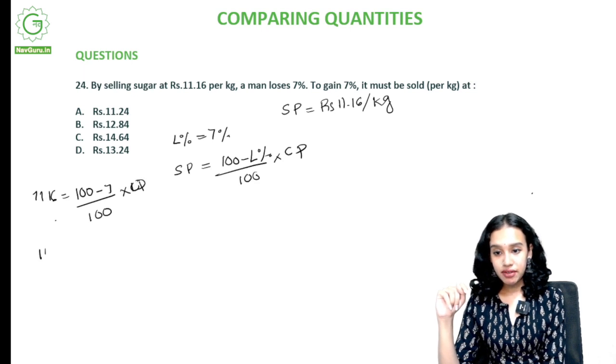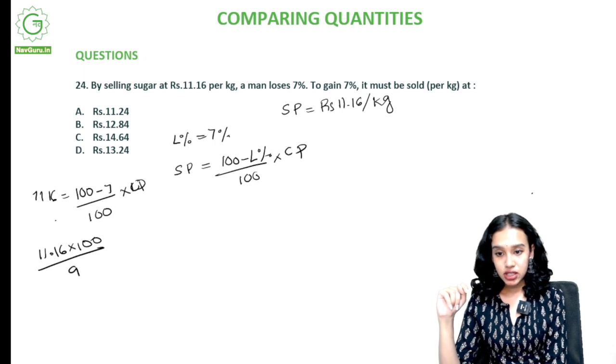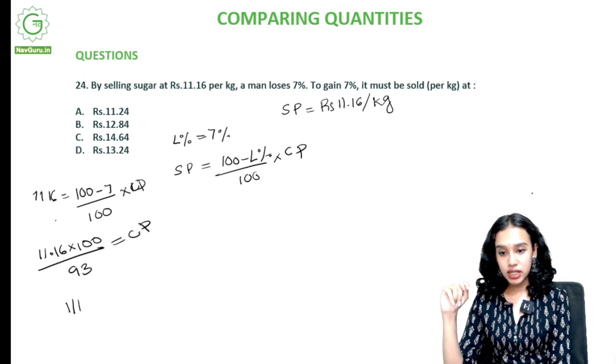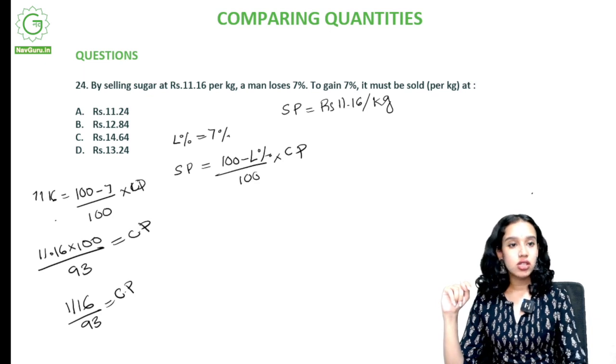So this becomes 11.16 into 100 divided by 93, which becomes the cost price. Now let's do the calculation. We get 1116 by 93, which is equal to the cost price. Let's do the division here. 1116 divided by 93. We have 1 into 93 is 93.